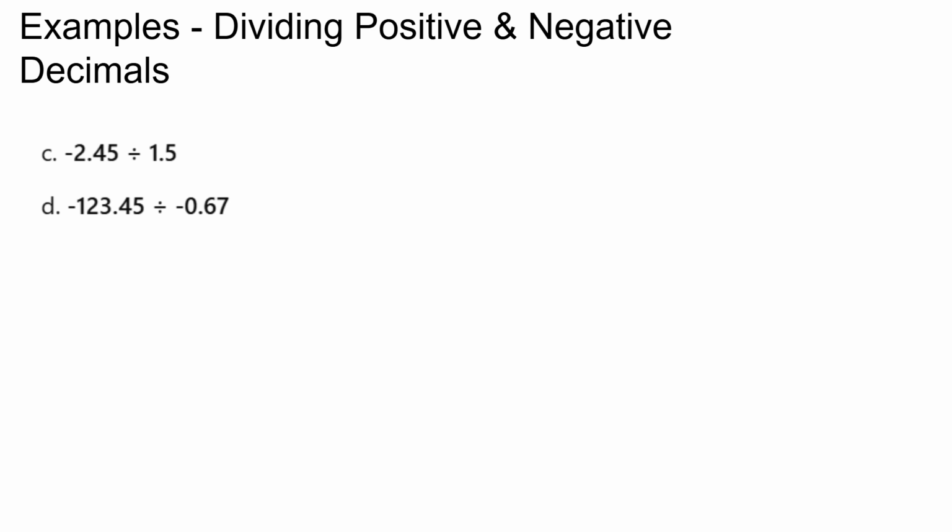Okay, let's remember that. Then move the decimal point in the dividend. What is the dividend? The dividend is the number being divided. So let me repeat that. The divisor is the number you're dividing by, and the dividend is the number being divided. Move the decimal point the same number of places to the right. And then we will perform long division as usual.